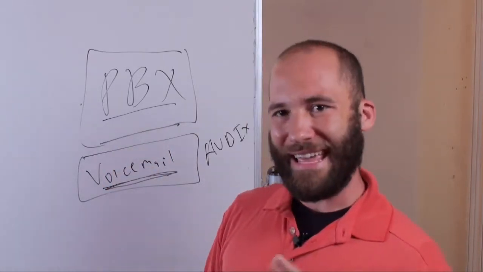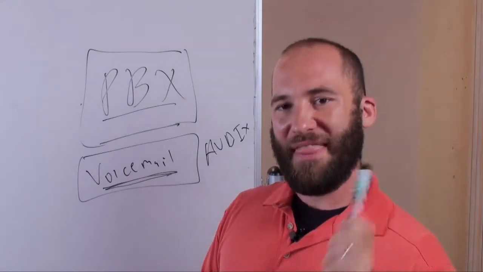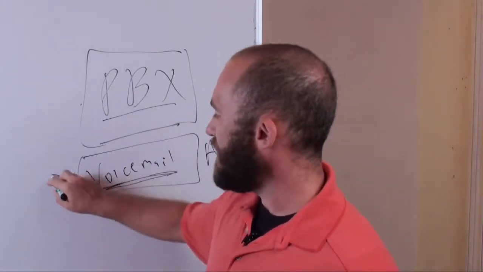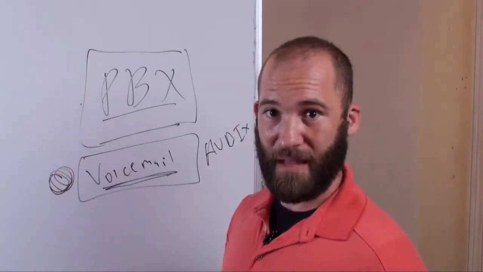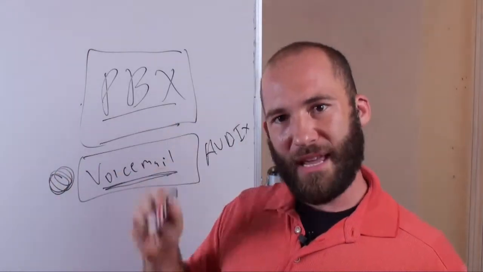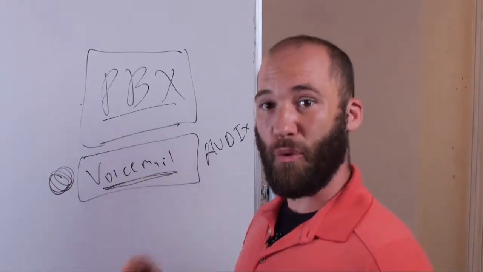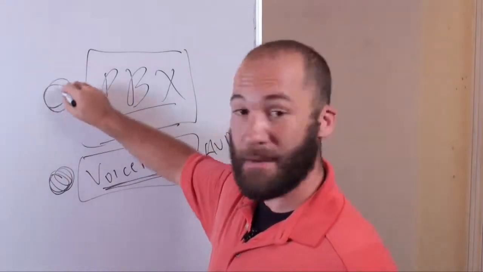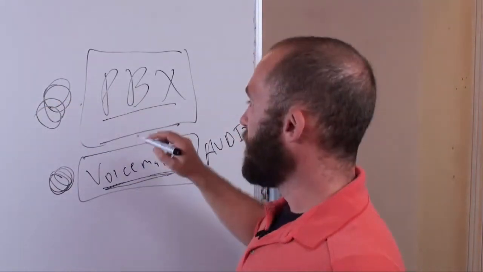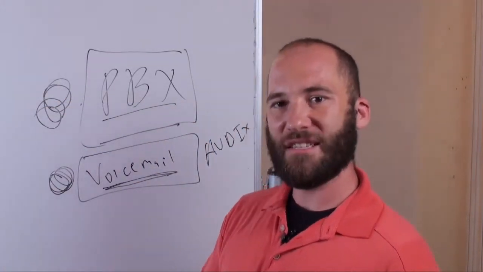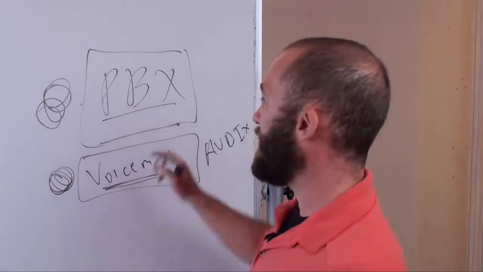Here's one of the weird hinky things. That message that you're listening to resides on the voicemail system. The routing that happens when you press 1 or press 2 or press 3 happens in the PBX. So when you set up an auto attendant, that doesn't all reside on the PBX.